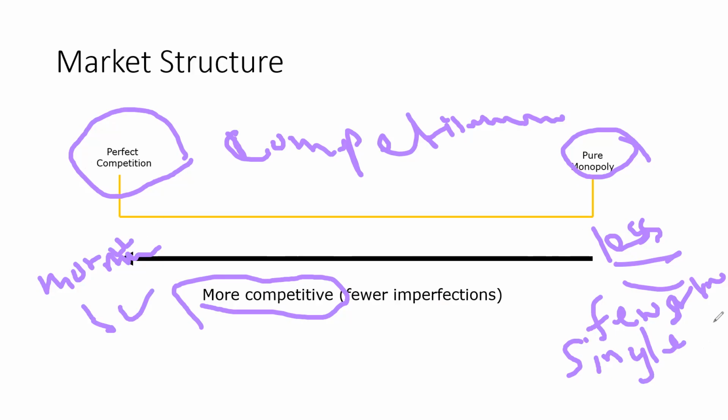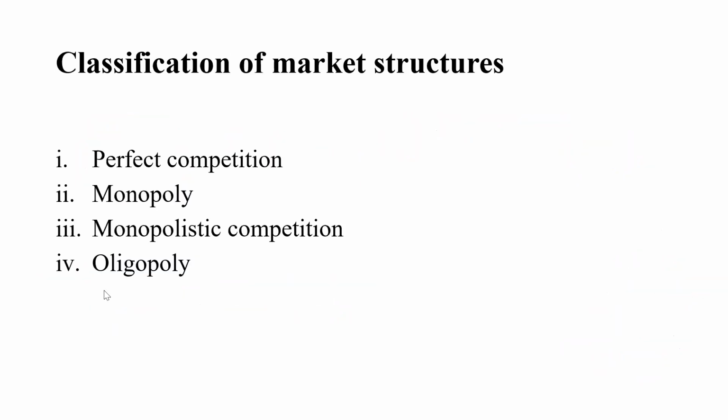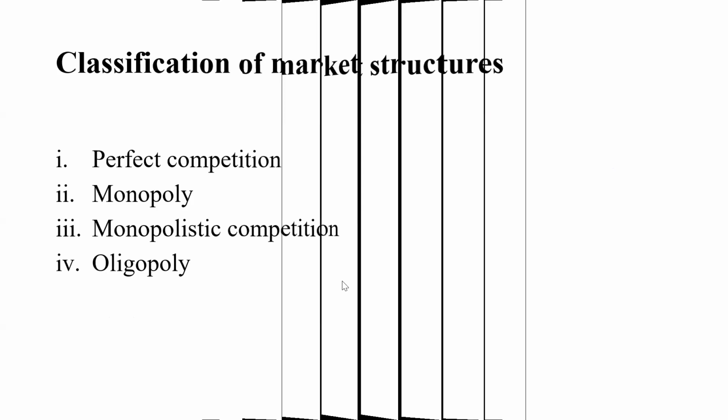But if there is a very limited number of sellers, then the competition will not exist. Based on this competitiveness, we can identify basically these 4 different market structures.